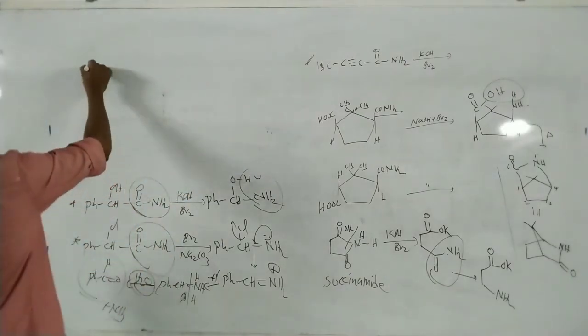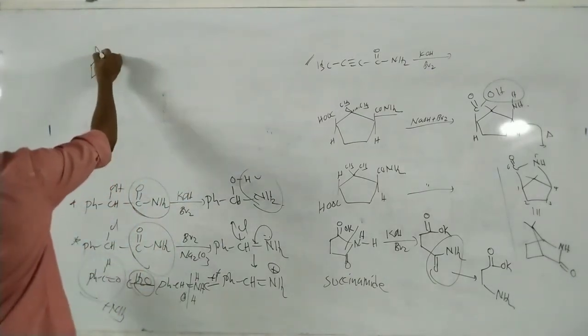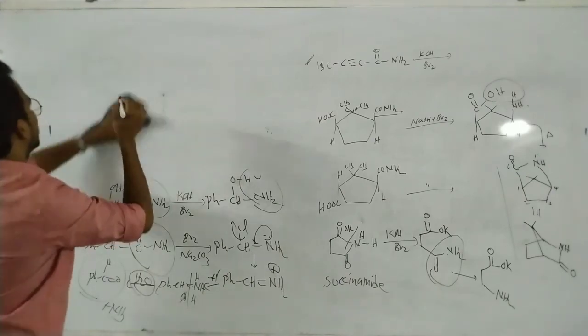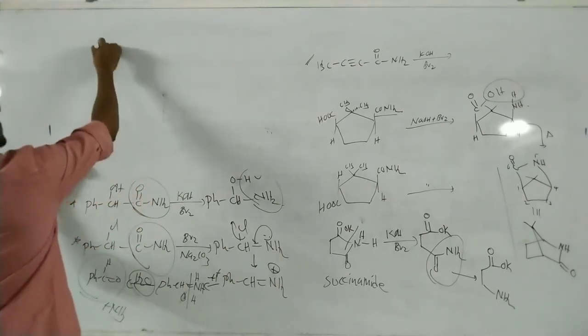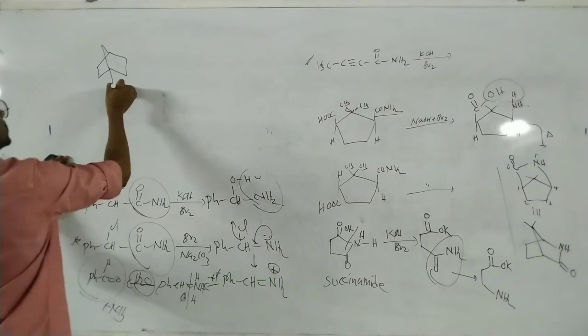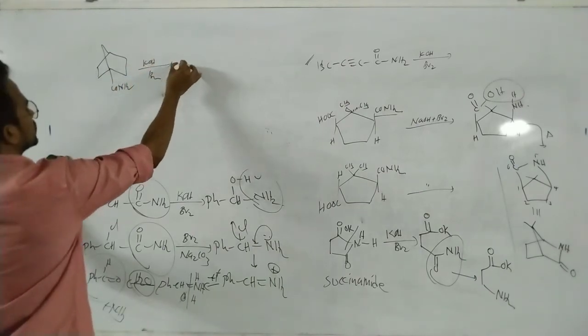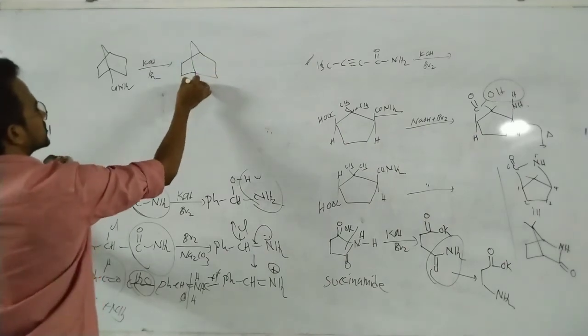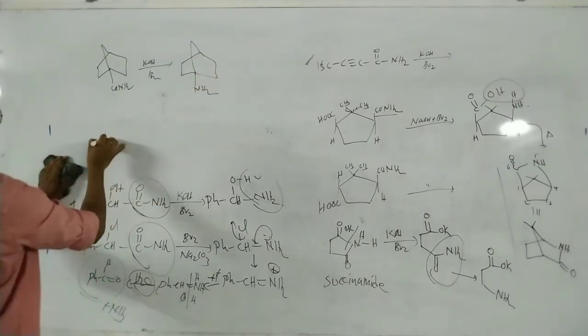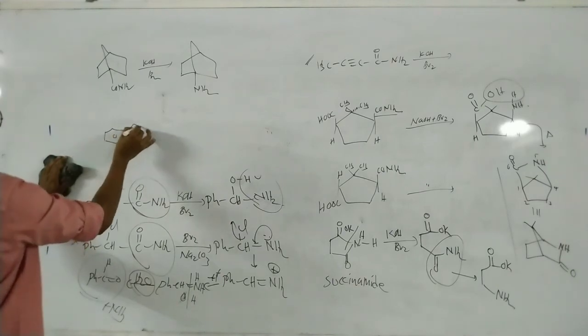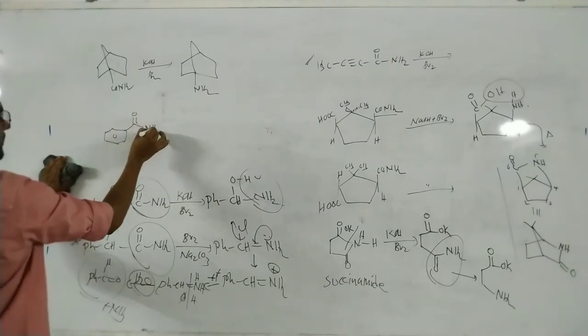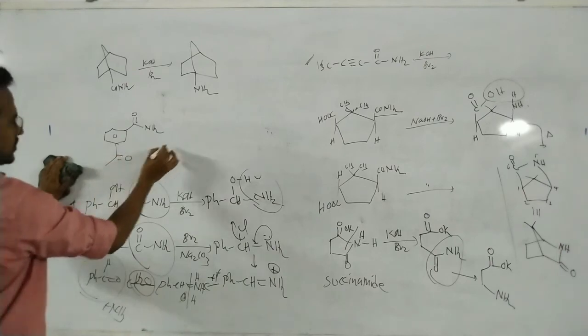Next, two more examples. Here CONH2, in this case KOH plus Br2. The reaction also takes place, and it is converted to amide. Now this is amide, this is C double bond.